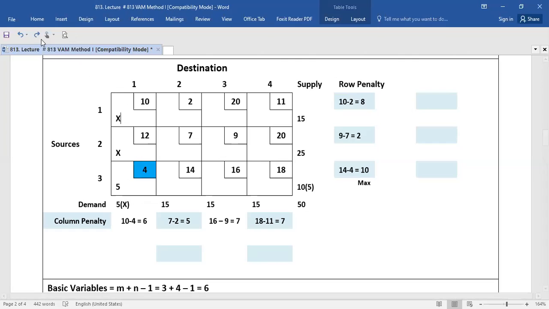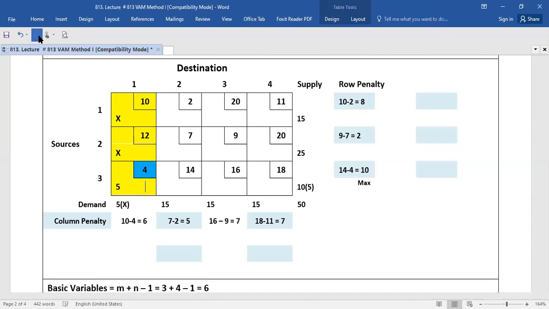I will highlight the column and show you that in this column no further allocation will be made. So moving in the same way, we will again calculate the row penalties and column penalties.